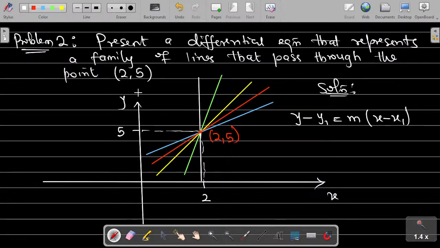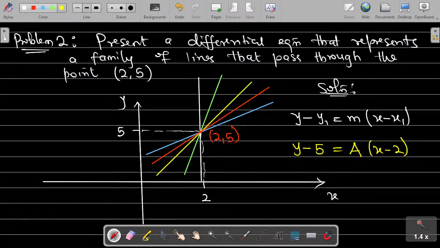In the solution hint they gave, y minus 5, with m represented by a, times x minus 2. That was the first equation they gave us, which is the general equation representing all these lines.